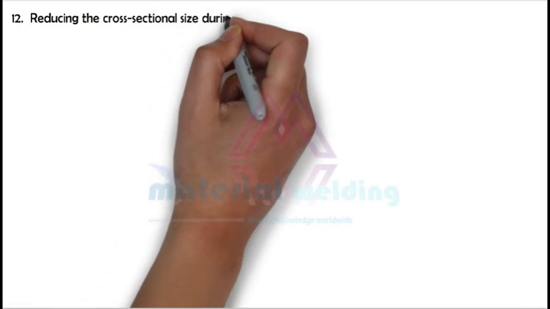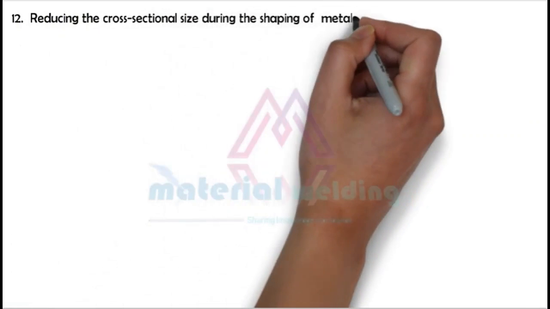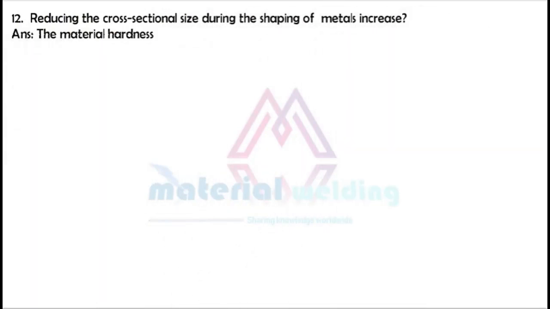Next, reducing the cross section size during the shaping of material increases the material hardness. For example, when we are drawing wires, it will increase the hardness of the metal, or when we are doing cold working, it will also increase the hardness of the material.